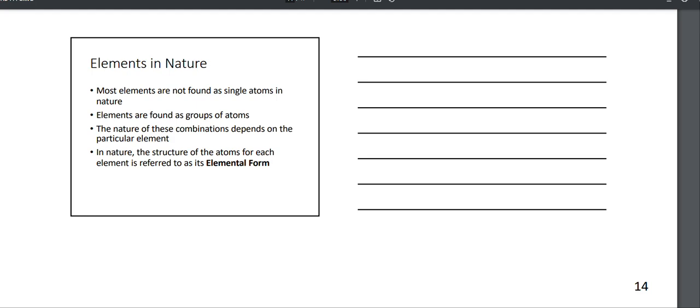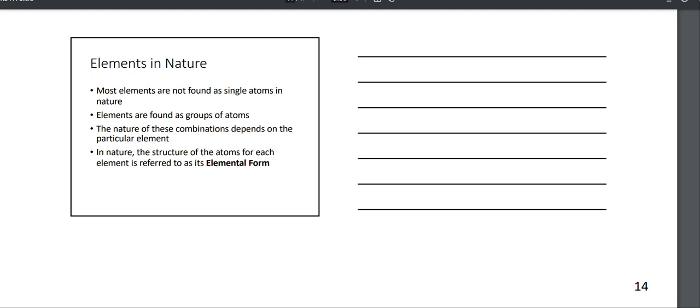When it comes to elements in nature, most elements are not found as single atoms. Okay, rarely found as a single atom. Elements are found as groups of atoms sticking together, and the nature of these combinations depends on the particular element. So the nature of these combinations means the type of bonding and how these atoms are interacting with each other.